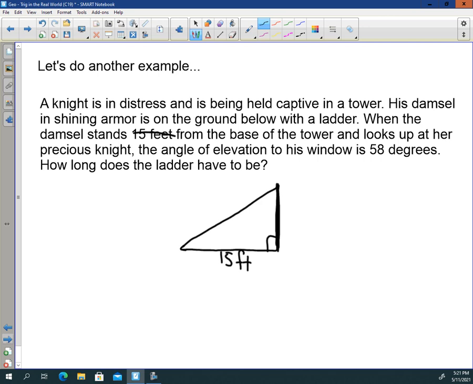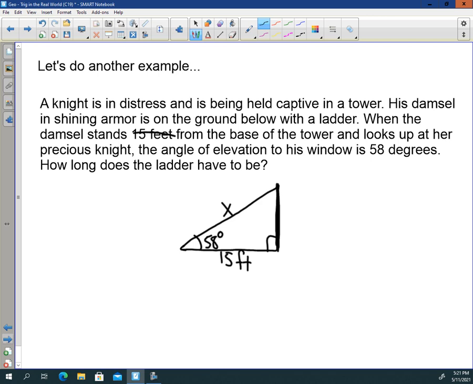And then she looks up at her precious knight at the top of the tower, and the angle of elevation is 58 degrees. So we know that that angle is 58 degrees. How long does the ladder have to be? Essentially what we're trying to find is this. So what do we know, and what do we want?